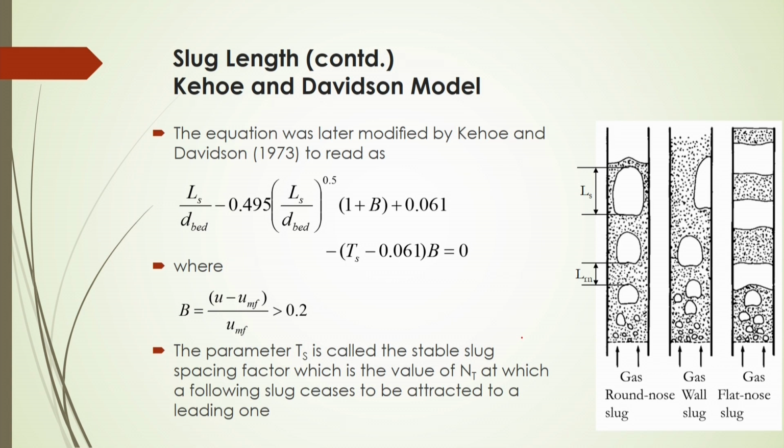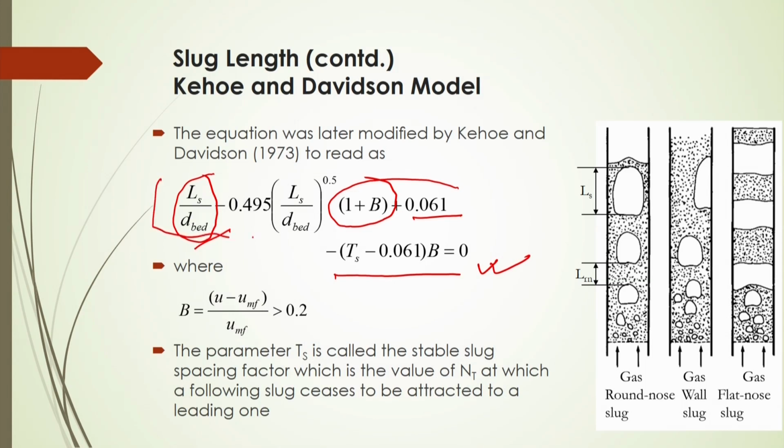And the equation was later modified by Keairns and Davidson 1973 to read as here: Ls by d bed, that means slug length to bed diameter ratio, minus 0.495 into Ls by d bed to the power 0.5 into 1 plus B plus 0.61 minus Ts minus 0.61 into B, that will be equal to 0.